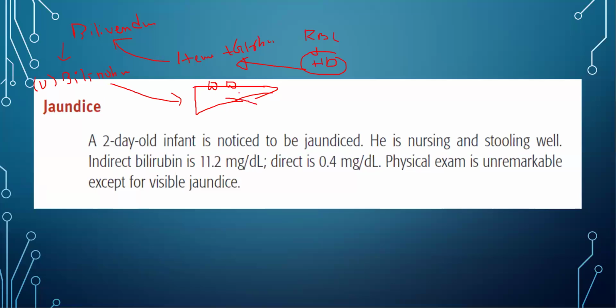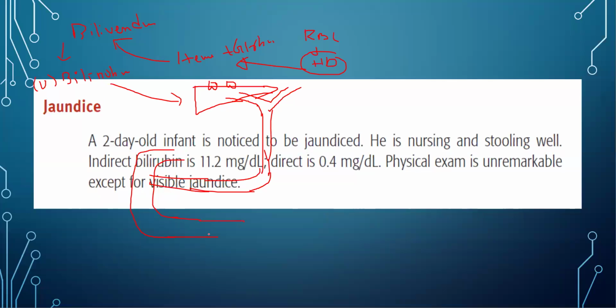Okay? So when it becomes conjugated, that conjugated bilirubin or direct bilirubin will then go into the common bile duct. So you have got cystic duct, hepatic duct, and it becomes common bile duct. And through the common bile duct, it will go into the intestine or duodenum.